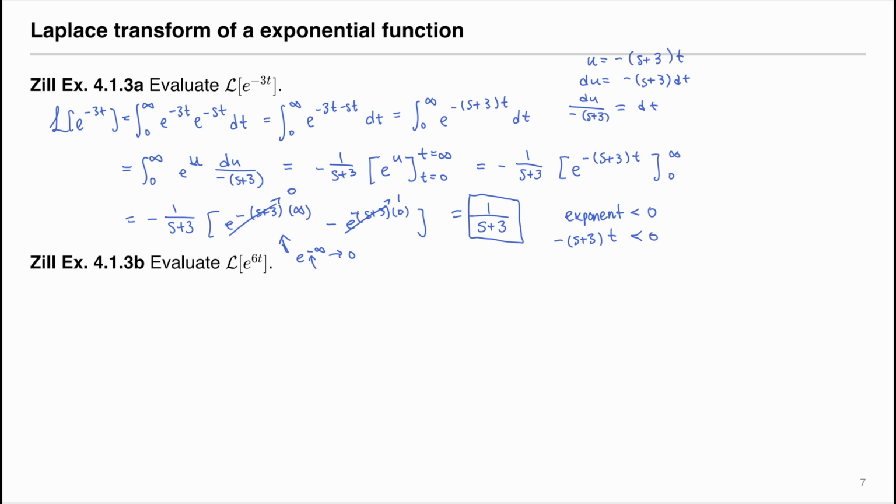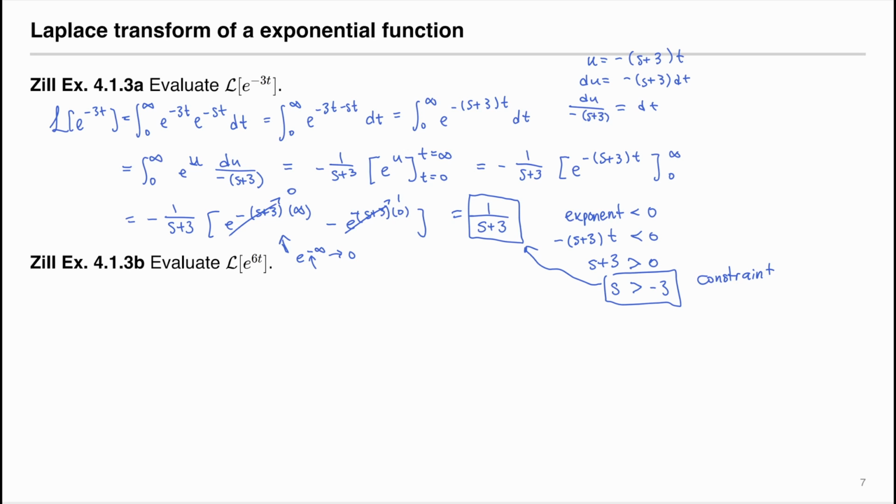And this gives us a constraint on s. Solving for s, s plus 3 times t goes to the right side, and the negative goes to the right side, which changes the sign. So s must be greater than minus 3. And this is the constraint on the Laplace transform we had.